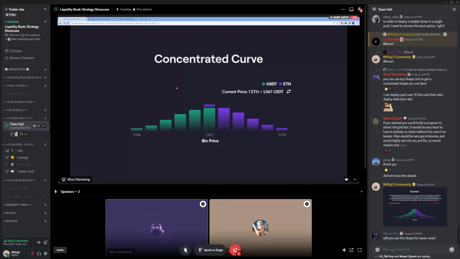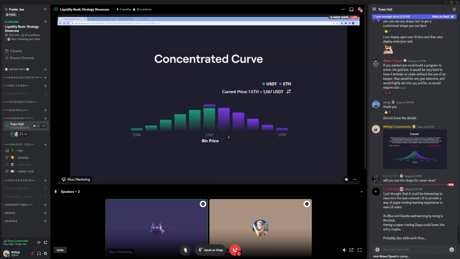And ultimately, it's all around the 5 bins of $1,567. So, if you're deploying this, you've really got to have strong conviction in a narrow price range that a potential token and liquidity pool could move. And you would have to stay carefully monitoring that price of a volatile token if you deploy it into a volatile liquidity pool such as ETH USDT.